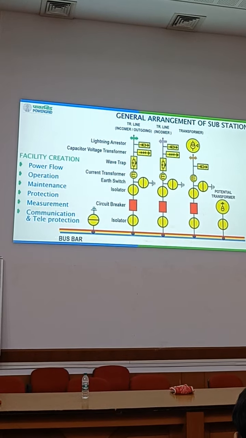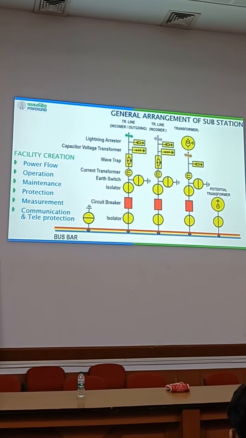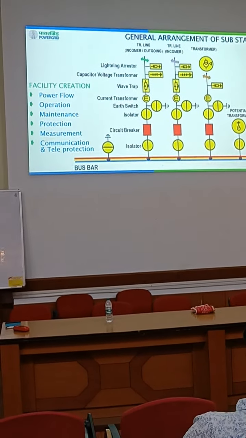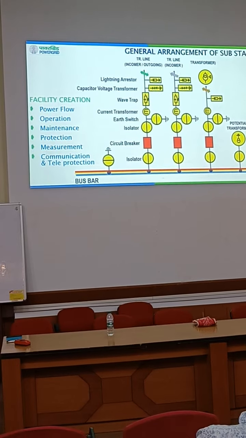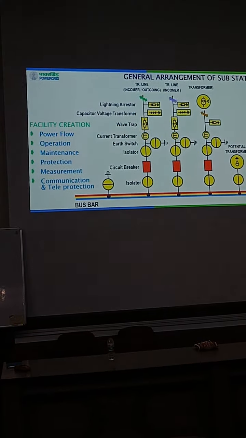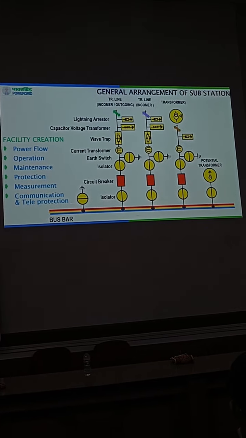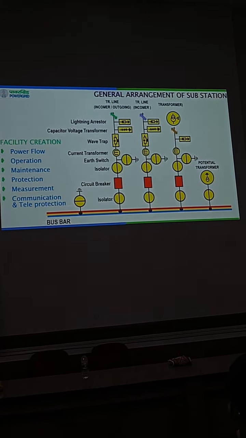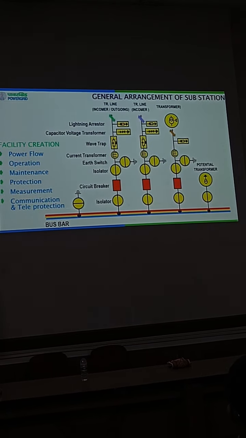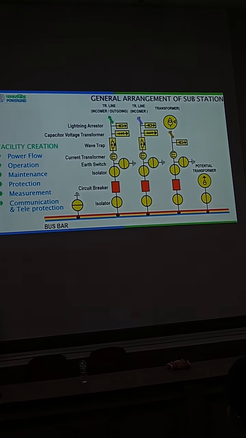Other than the switches, to create different facilities we have to rearrange the switches. The position of LA will always be at the beginning because your security should be at the boundary, the periphery only. It cannot be put inside the complex. So the positions of LA, CVT, wave trap and CT will not change.